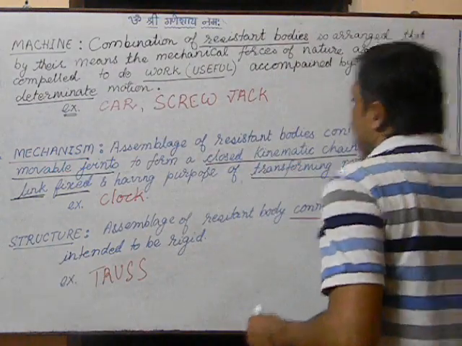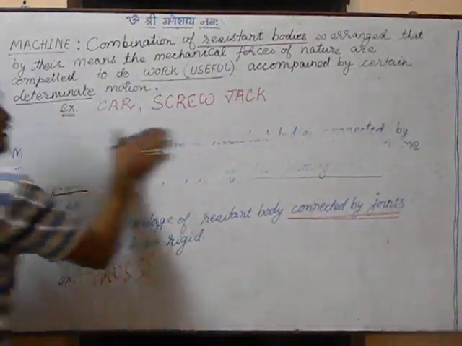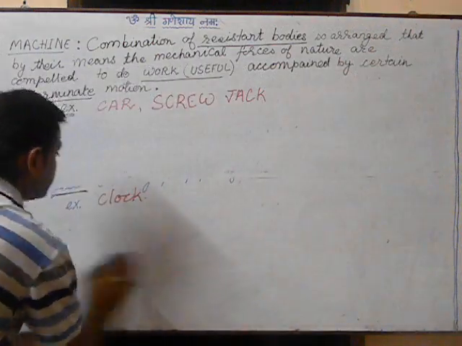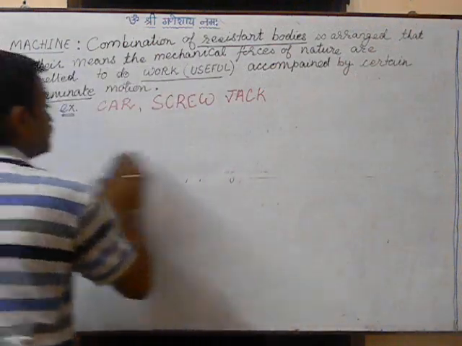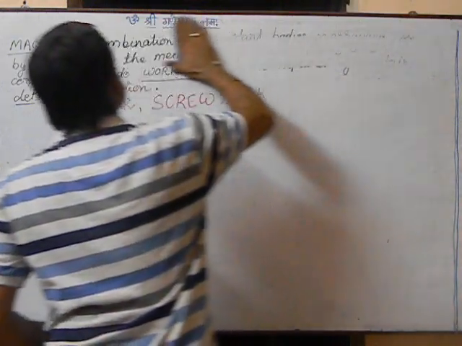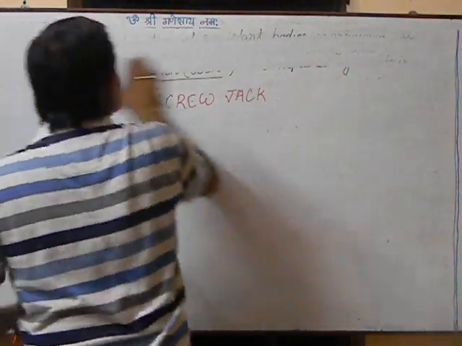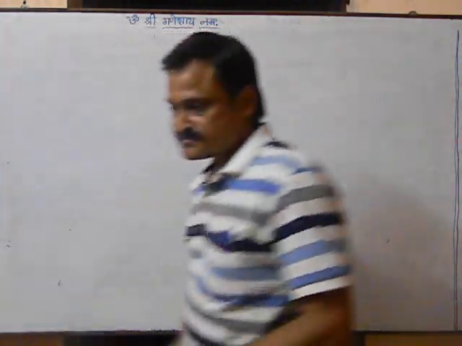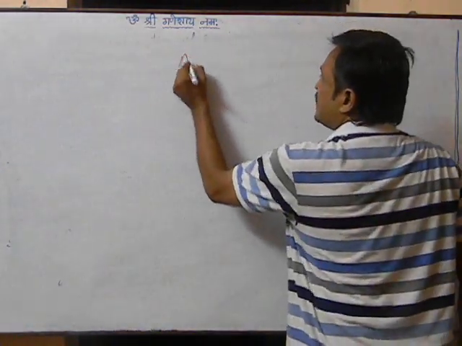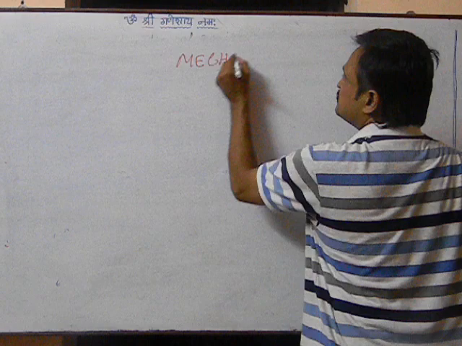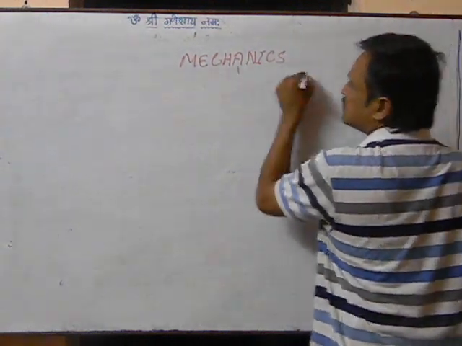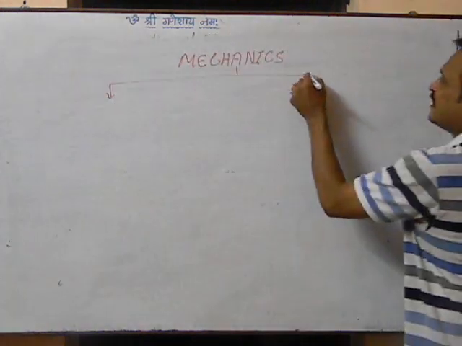So in context to the study of mechanisms, that day we have formed one kind of a chart. So there we can see an analogy. Mechanics we have talked about. Mechanics is the study of time, motion and forces.